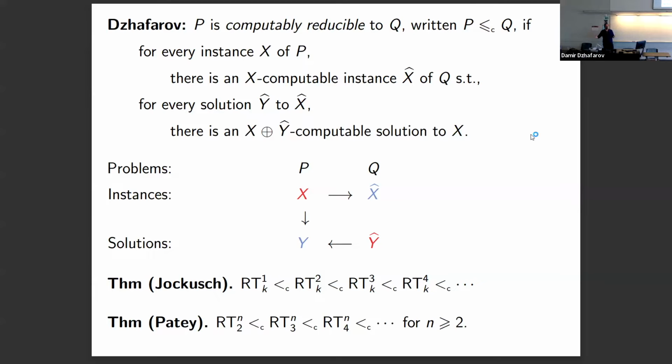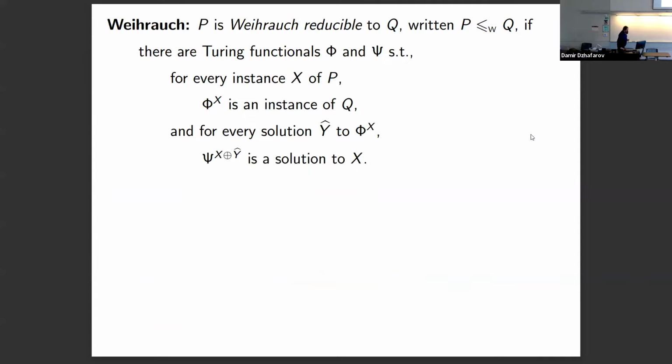There is a computable thing, but you probably want to say there is an actual way of finding this X hat from X. So you might want a uniform version, where the X hat has to be obtained computably and uniformly, that is, by a fixed algorithm from X, and the same for the solutions. As it turns out, that notion had already existed well before computable reducibility, and it is the notion of Weihrauch reducibility.